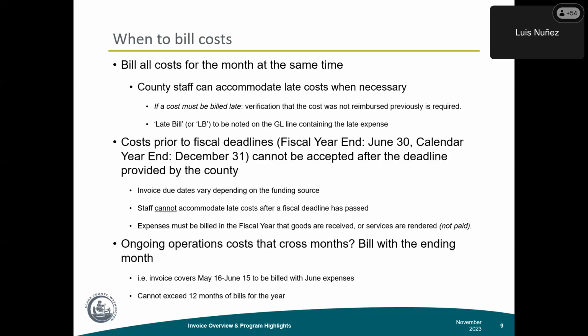If for whatever reason an item needs to be billed late, we need to verify that that cost has not been reimbursed previously on a different invoice, and also make sure to label that expense on the general ledger as late bill. You could put an LB in the description, and that will notify us that this cost is being billed late.